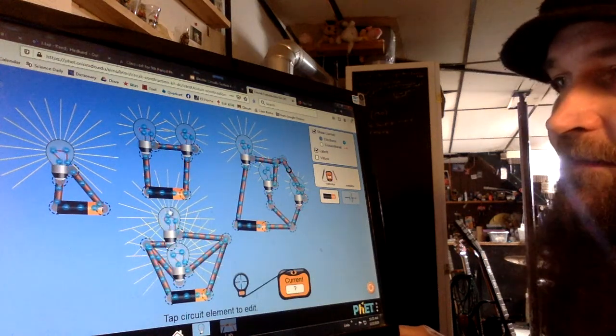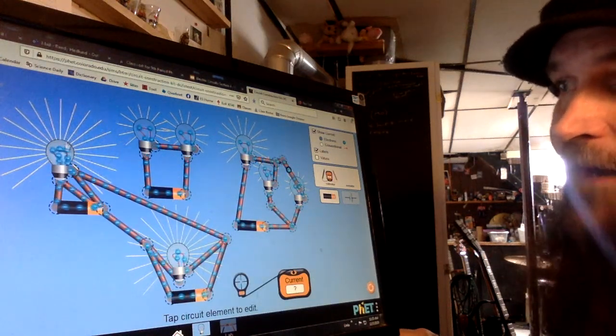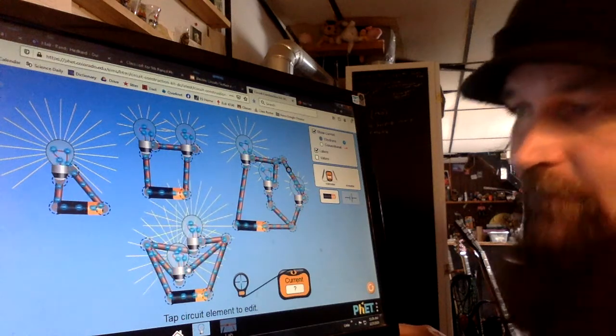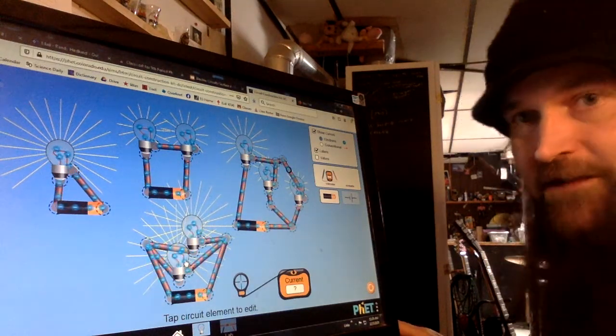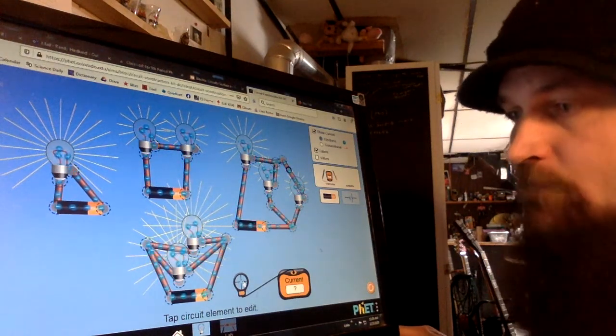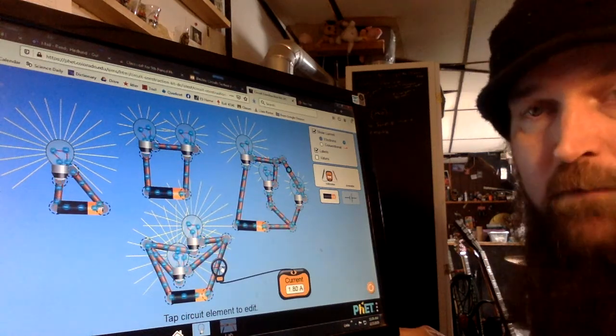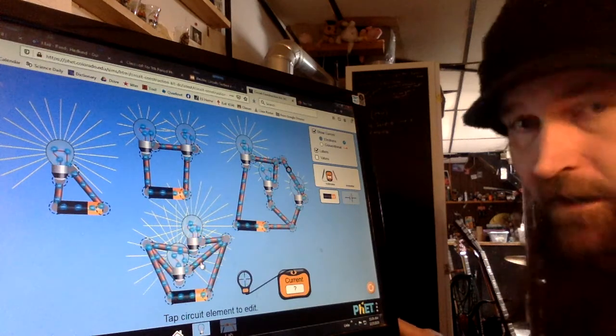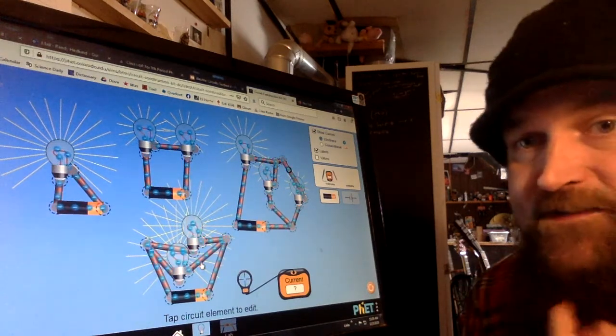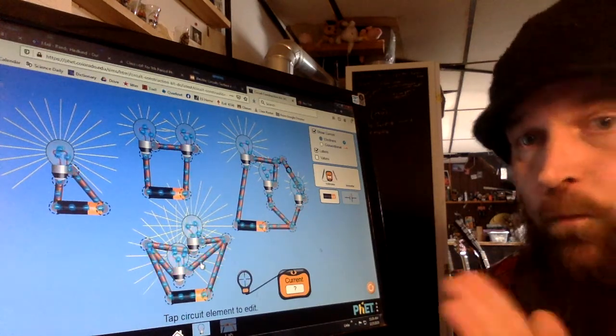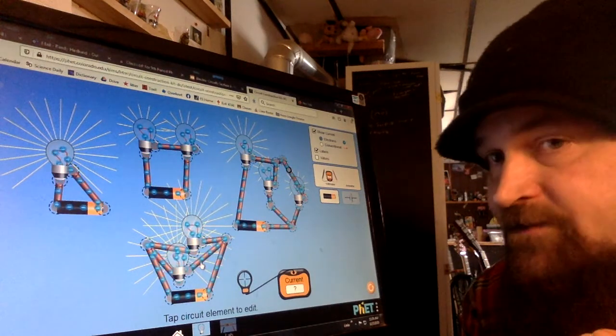We notice that this has a brightness of 0.9 as well. However, we have two brightnesses that are at 0.9. So what we're going to say is that across the battery, it's going to be 1.8. So they add up. So what rule did we devise? That adding bulbs with another path is going to increase the current.